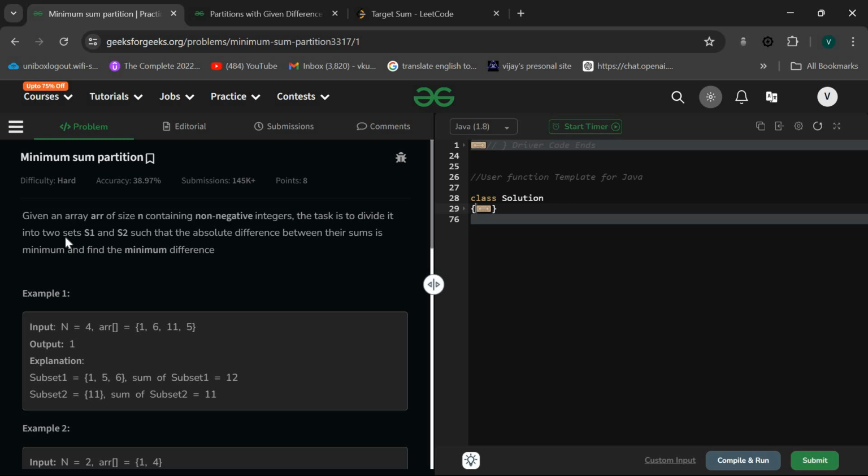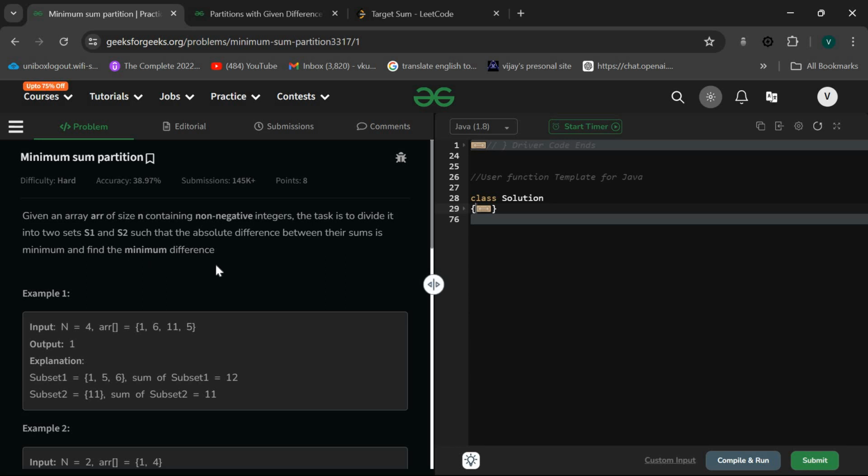The task is to divide the array into two sets S1 and S2 such that the absolute difference between their sums is minimum, okay. Find the minimum difference.